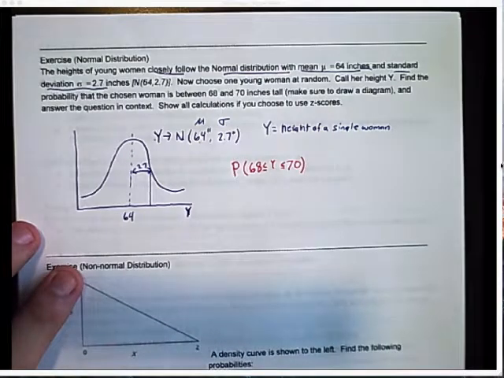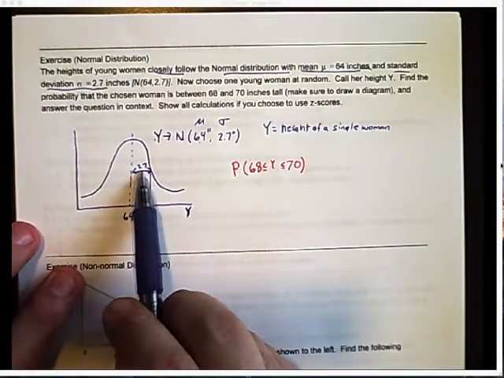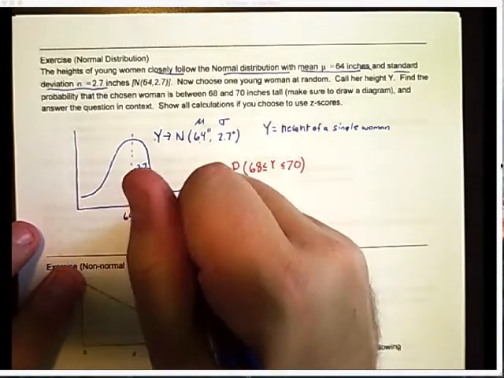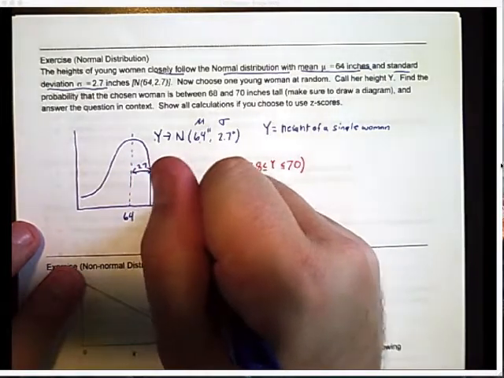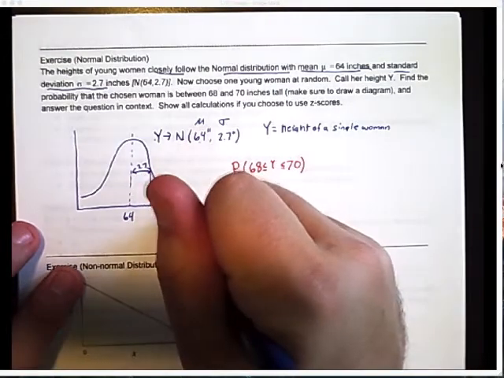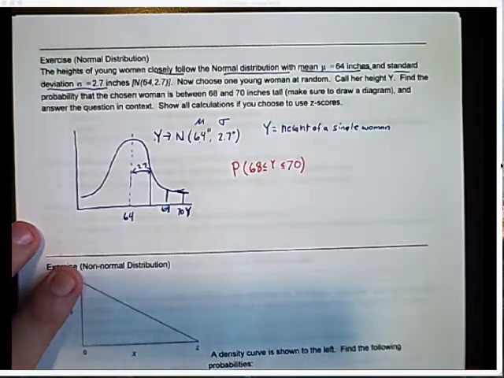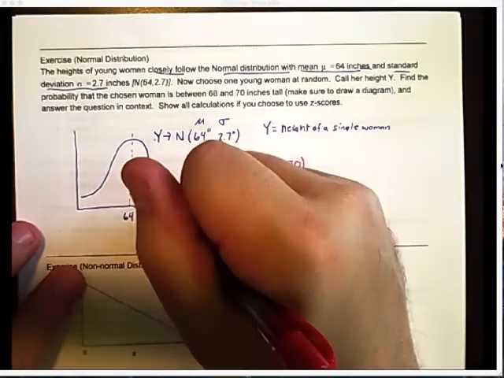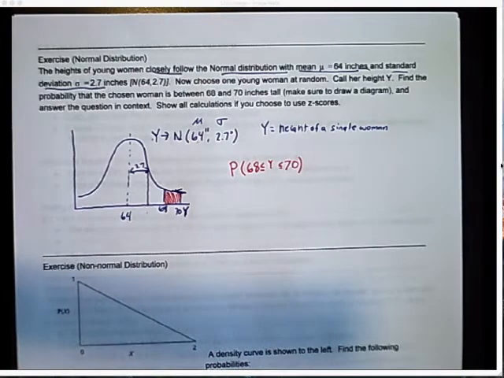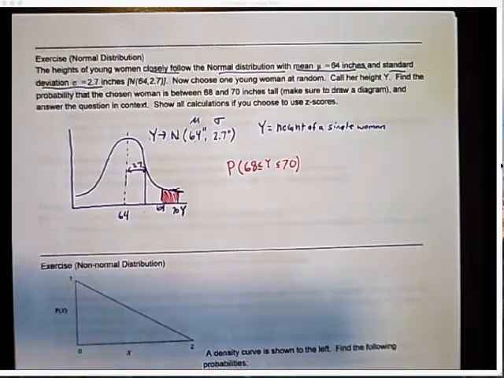Now where is 68? Well, this is only 2.7, so that would get me up to 66.7. So 68 is somewhere over here. 70 is over here as well. So there's where 68 and 70 are on my graph. I'm trying to find this area.